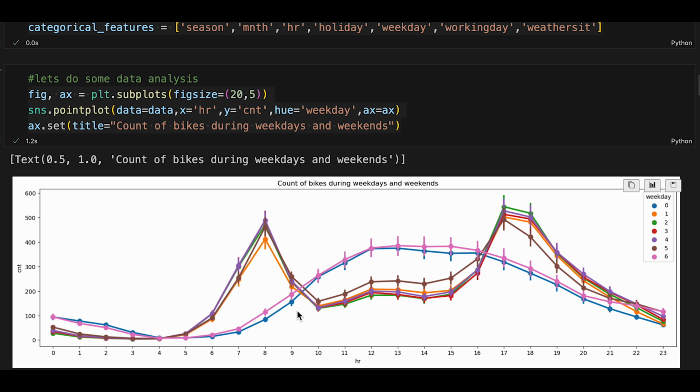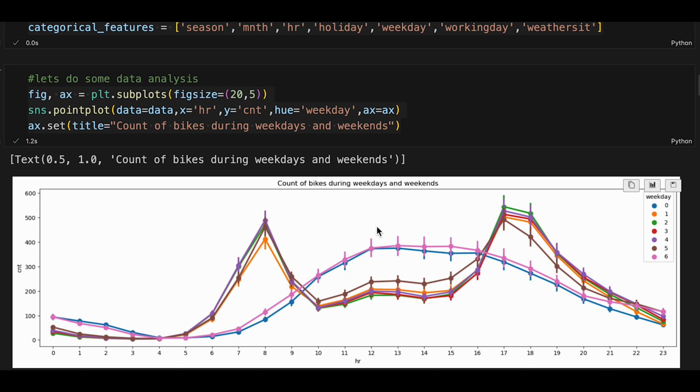So that's why the count is gradually increasing. This is not the highest peak, but from 10 onwards, this is maintaining some very good number. Okay, it is slowly increasing, and similarly in the evening it is decreasing. So this behavior is clearly a real world behavior that we can understand by seeing this graph.